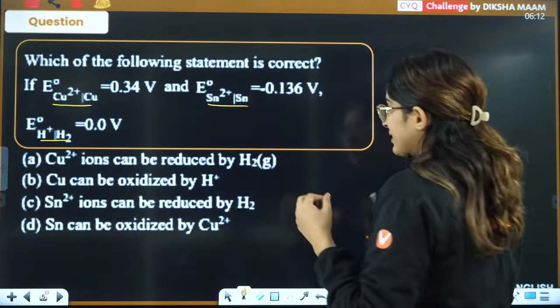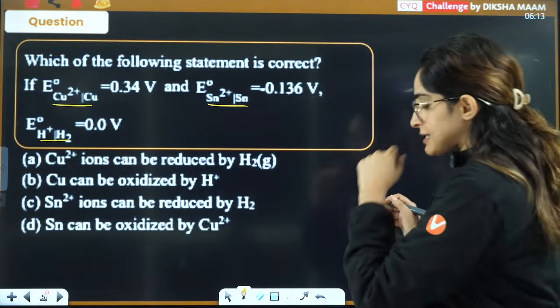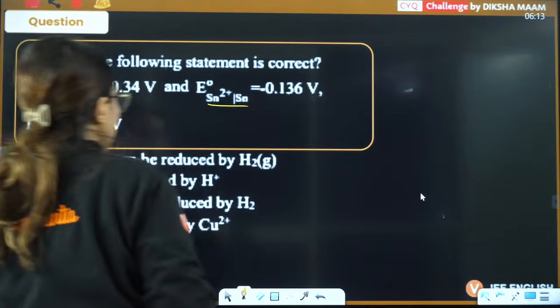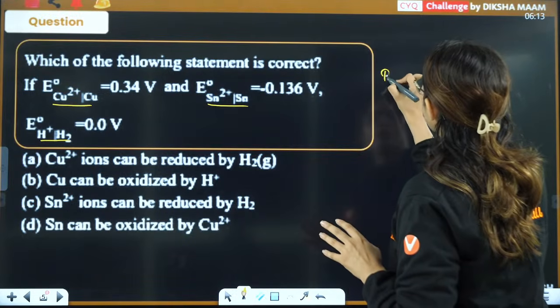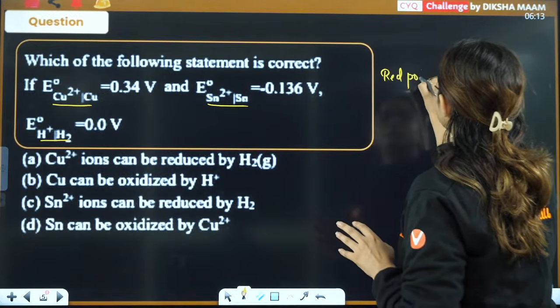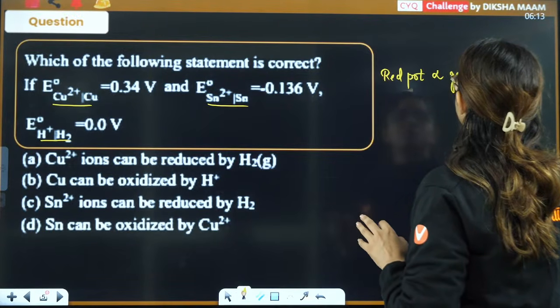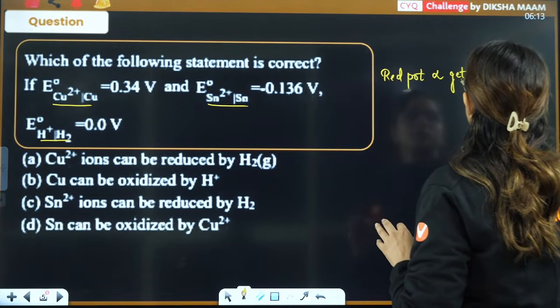Now remember one thing, whenever we ask which one is reduced by which one, in this case, remember, the more the reduction potential, the more is the power to get reduced, right?